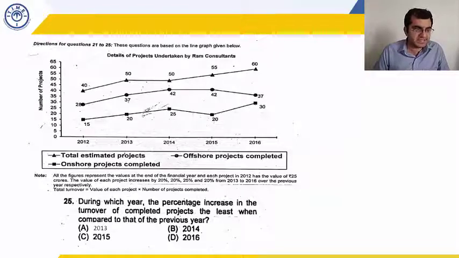There's again a mistake in the options in your handout, so you can correct that. During which year is the percentage increase in turnover of completed projects the least when compared to that of the previous year? Take 30 seconds.